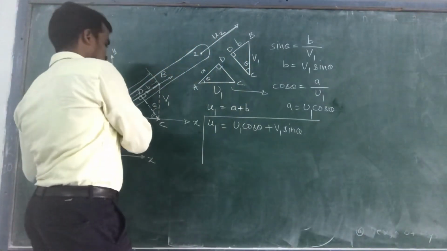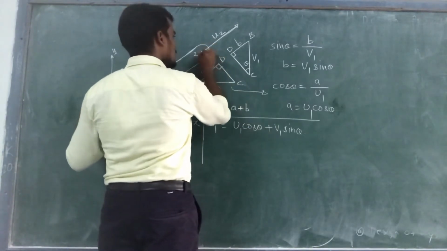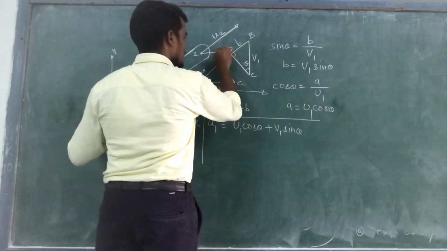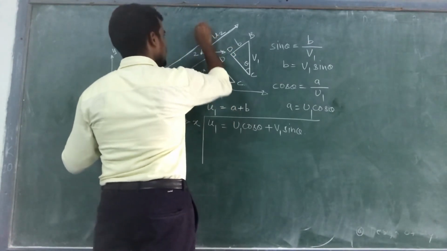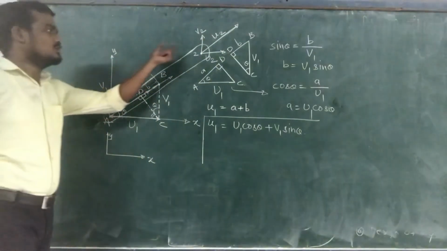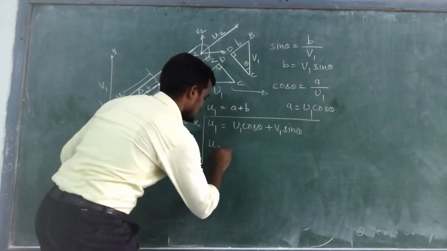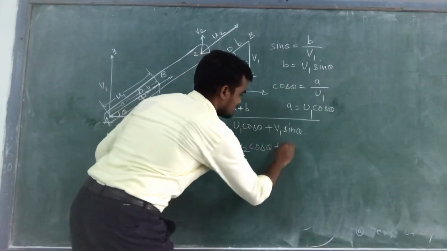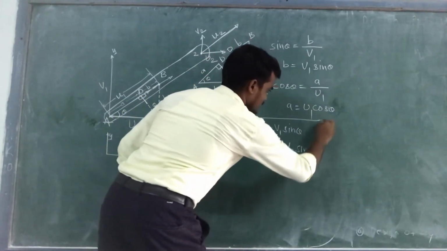Similarly, if we apply the same procedure to this coordinate also, this is nothing but your U2 displacement, and you will get u2 as U2 cos theta plus V2 sin theta.